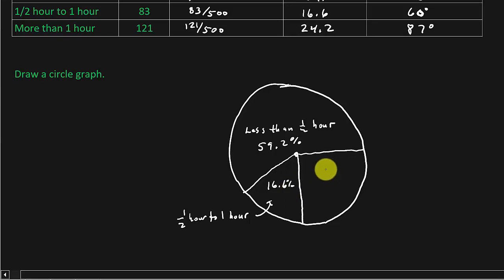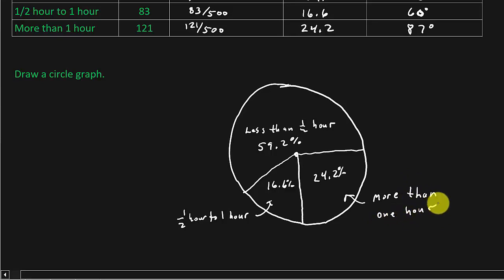And then this last one, that's going to be the 87 degrees that's left over. And so this is actually your 24.2%. And this would be more than 1 hour.